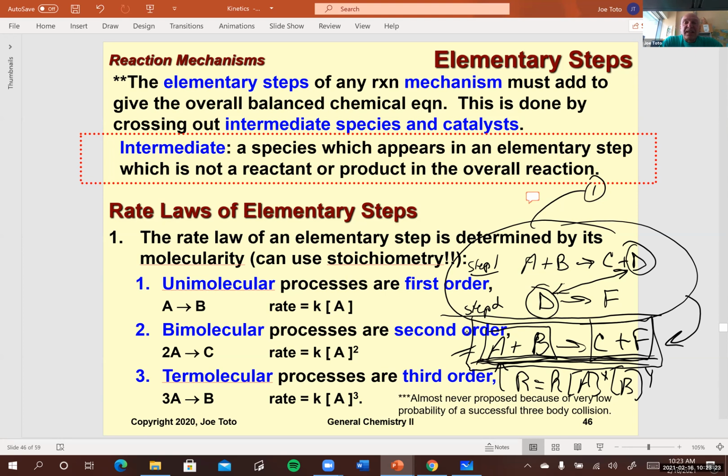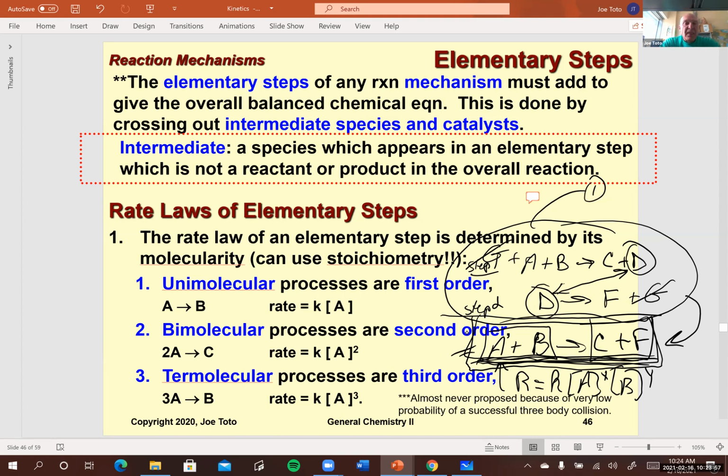An example of a catalyst could be G. If I add a catalyst to this, G's there, but then at the end, it's produced again. So again, it cancels out and you don't see it in the overall reaction, but it's definitely different than an intermediate. A catalyst is introduced in the reaction, but then is produced later on, so there's no net consumption.